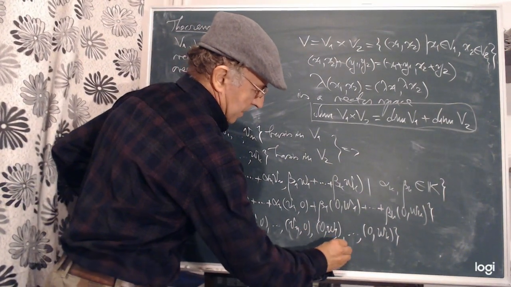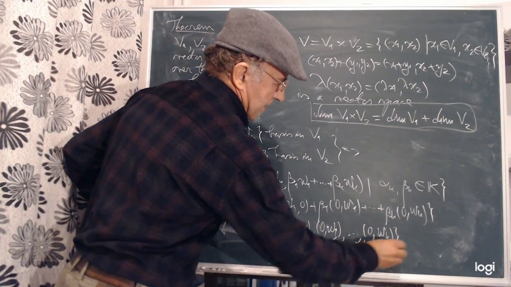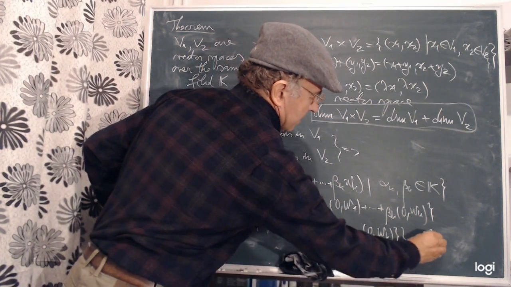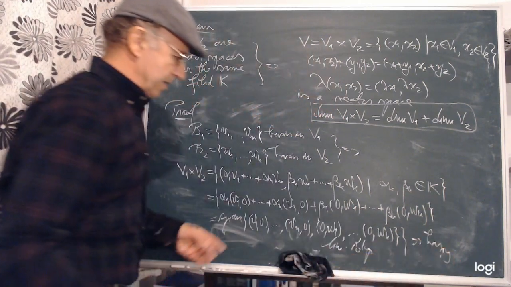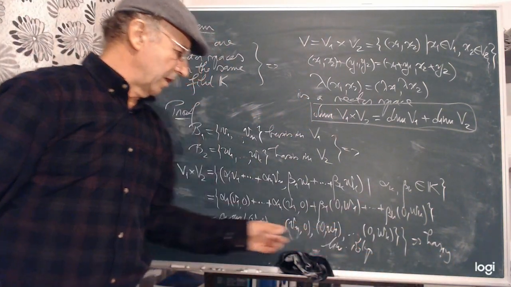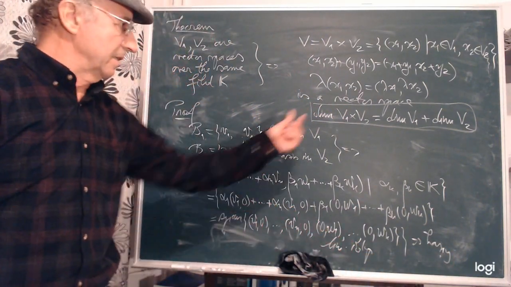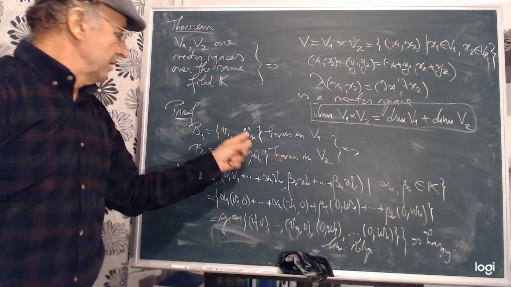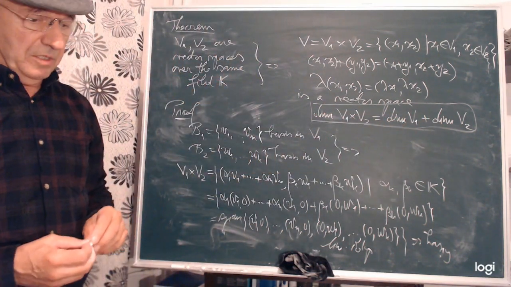So it is a basis, and you can see that the number of vectors is exactly dimension of V1 plus dimension of V2.